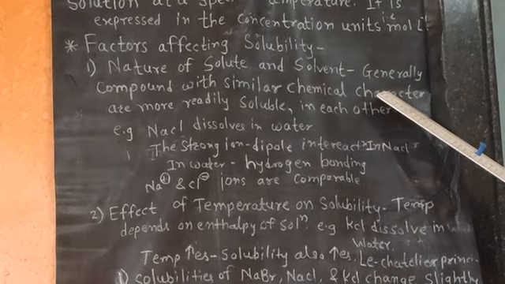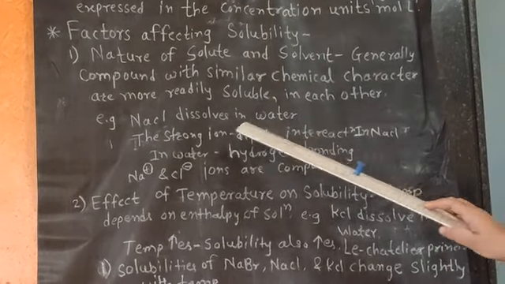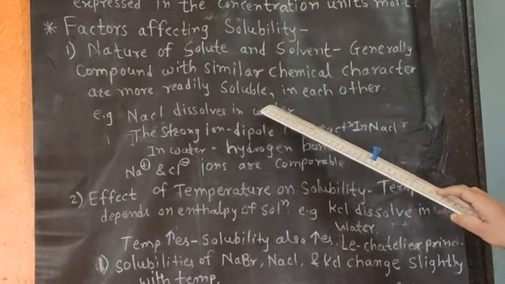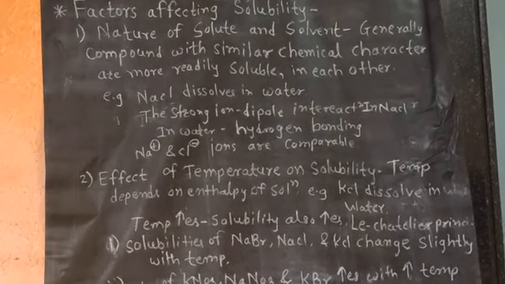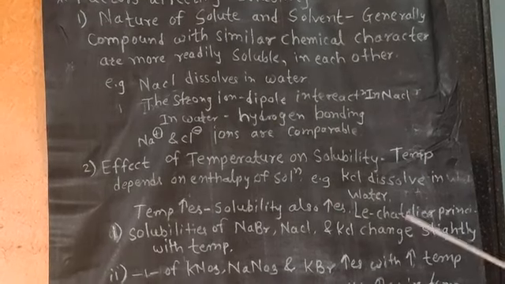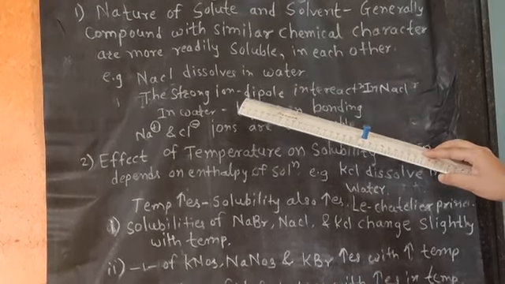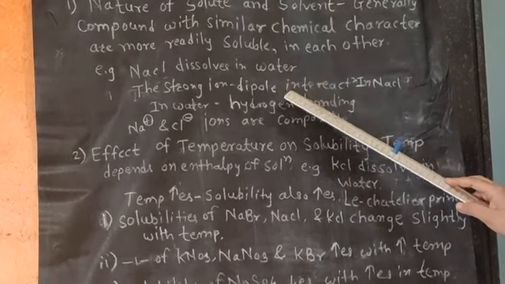Generally, compounds with similar chemical character are more readily soluble in each other. Similar character means the intermolecular forces between the two molecules are the same.